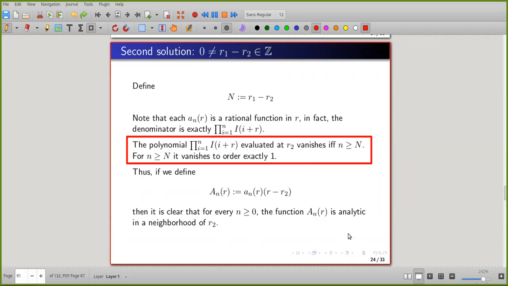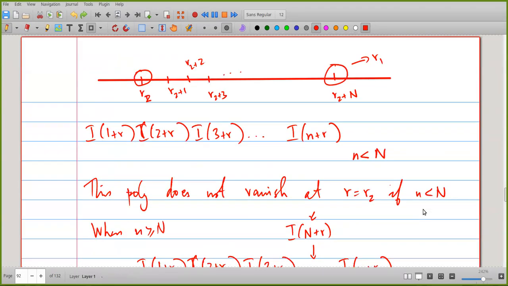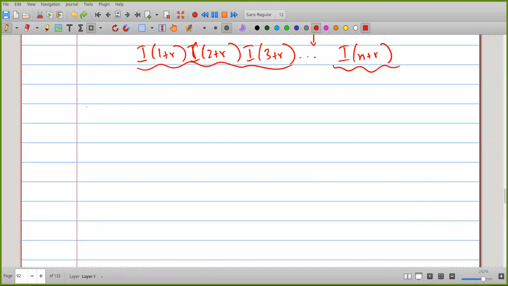So let me go back to this page and explain. Oh, sorry. We have our functions a_n(r). This is some polynomial in r divided by I(1+r), I(2+r), and so on up to I(n+r).